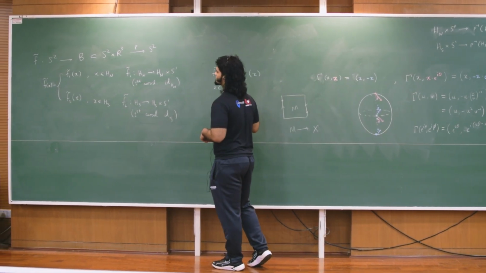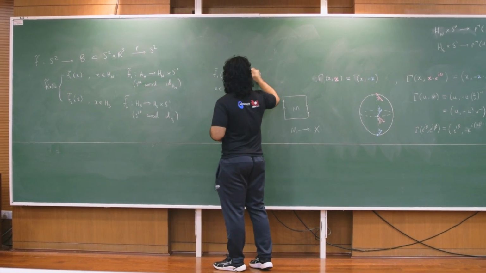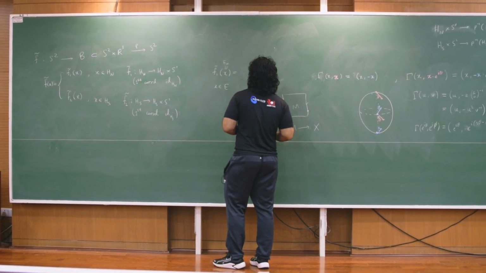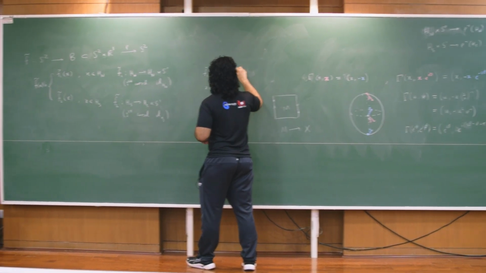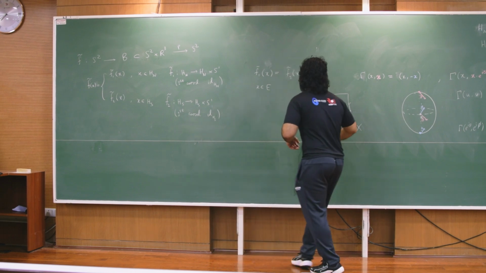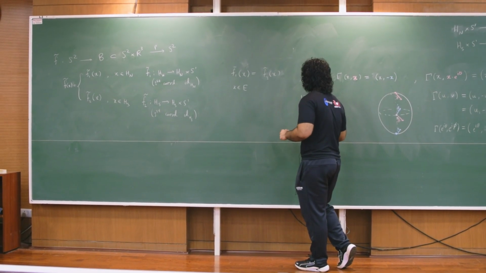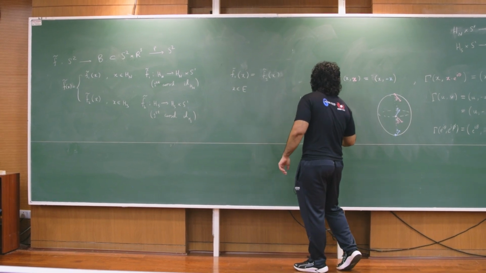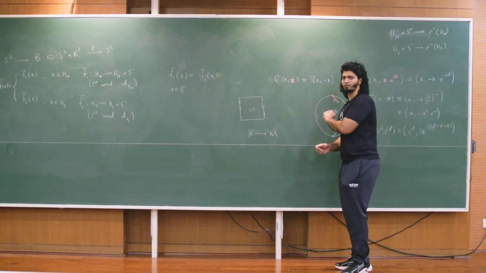So here you have things happening in the domain. Maybe let me state it this way. Here our situation is the opposite, my bad. You are taking some map into M, right?